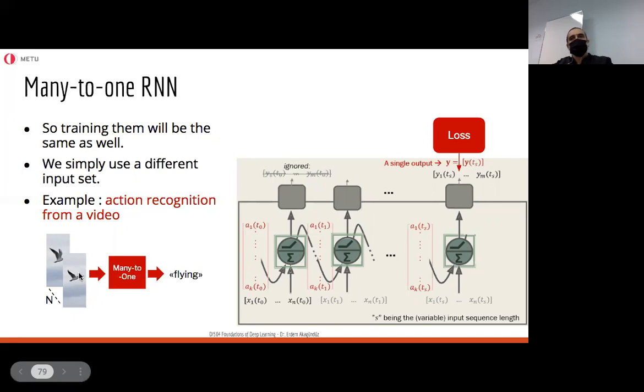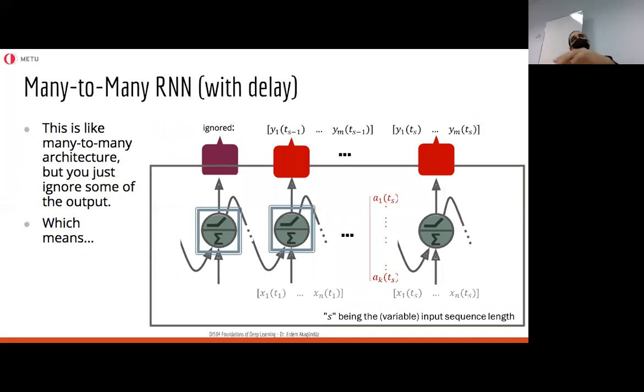Many-to-one is an action classification from video. Vision guys will know this and like it. And many-to-many with delay. Depending on the number of outputs you ignore, a many-to-one problem can be converted to many-to-many. Why would I need a many-to-many problem with delay? Well, actually, there's a very simple example.